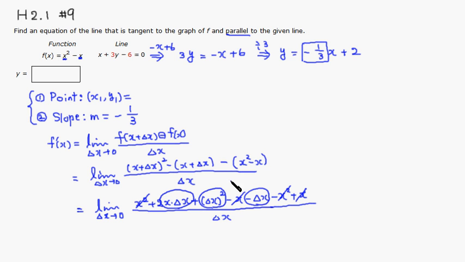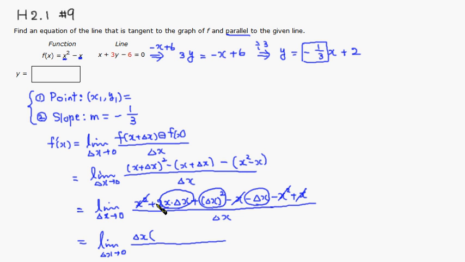So what we have is the limit as delta x approaches 0. Notice that every single term on top has delta x, so I'm going to factor out delta x.